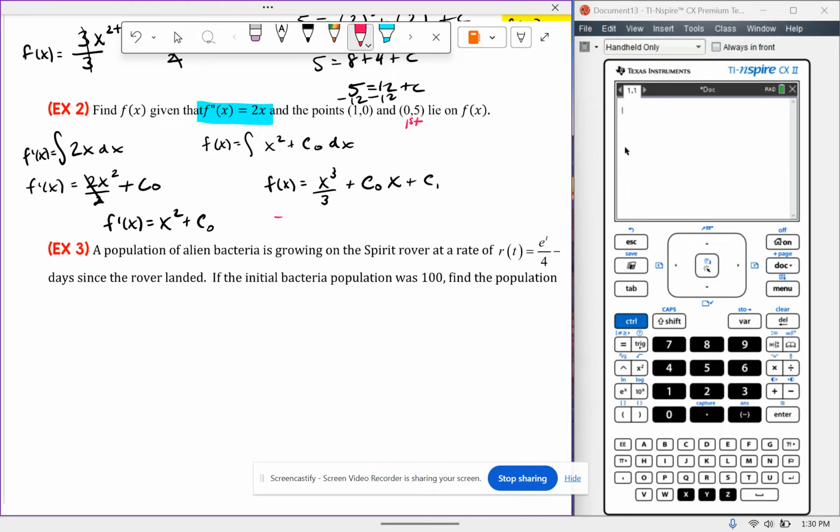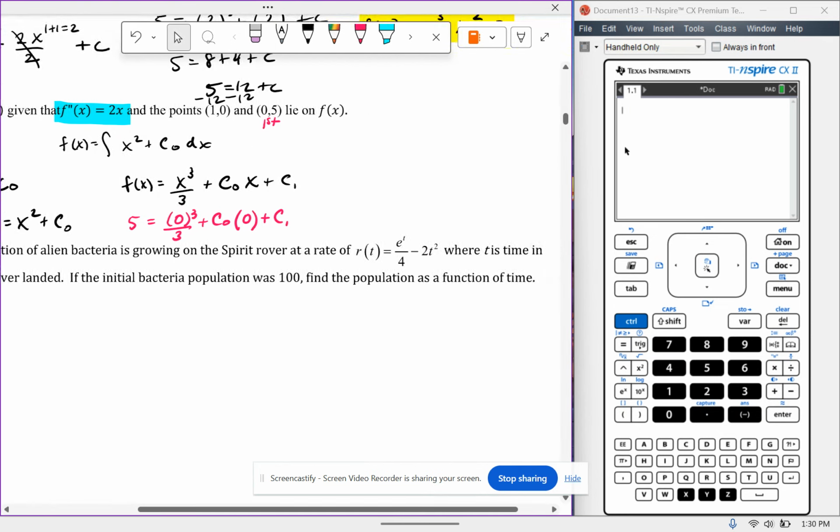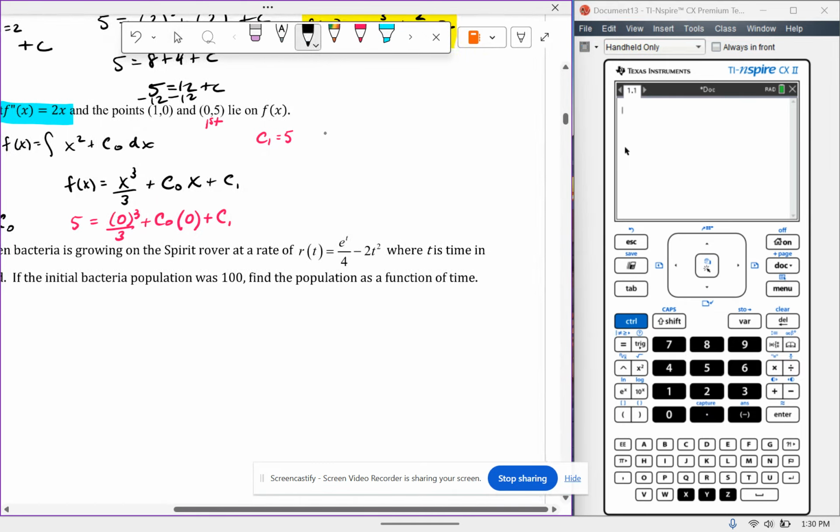I've got 5 equals 0 cubed divided by 3 plus C0 times 0 plus C1. Oh, actually, it's just what? C1 is what? 5. Okay, cool.